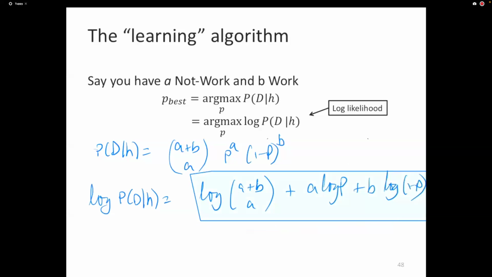Given values of A and B, the first term is just a number. The only unknown here is P, and our goal is to maximize that quantity.